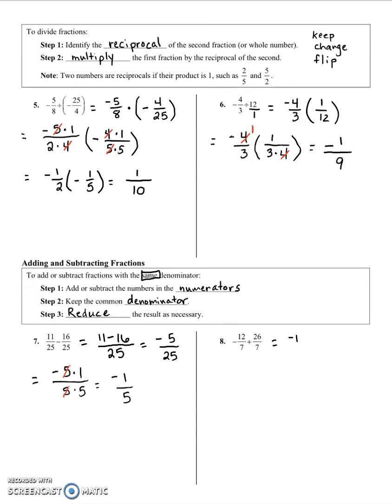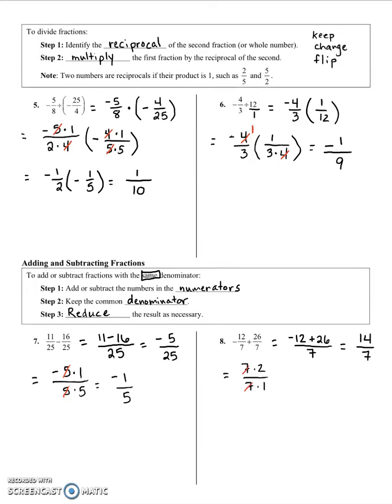So we have a -12 plus 26 is our new numerator, and 7 will be our denominator. -12 plus 26 is a +14/7. And now we have to simplify. So 14 is 7 times 2. 7 is just 7 times 1.